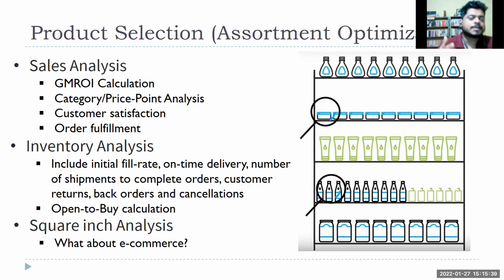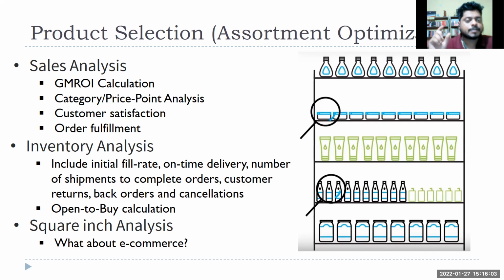So initial fill rate is how much percentage they are able to fill in the first shipment. Let's say I order 100 quantity of different Lee jeans for my store, and I got 80. The remaining 20 has not been delivered. It will be in the second shipment. So 80 by 100, that 80% becomes my initial fill rate from that supplier.